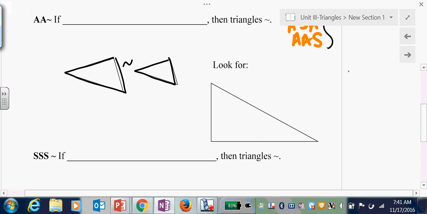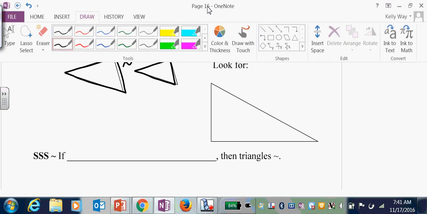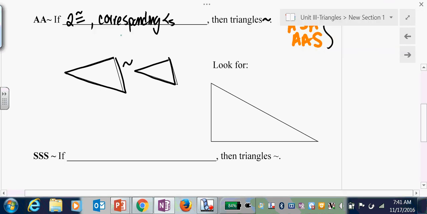Watch carefully. The first one says, if you have two congruent corresponding angles, then the triangles are similar. All you need is two angles for the triangles to be similar. Corresponding means they're in the same position.